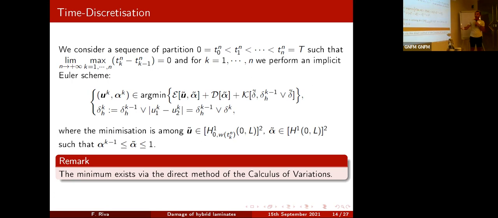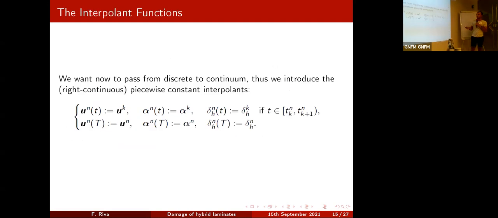And then we update delta H_k by taking the maximum between the previous one and the actual slip, so the difference between u_k and this, and this is done to preserve the irreversibility of the history slip. And okay, this was the algorithm we performed.